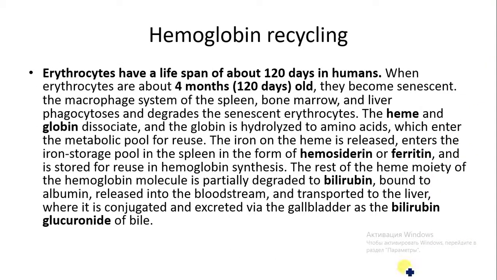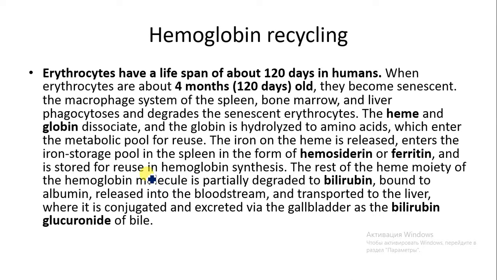So let's talk about hemoglobin recycling. You know that inside the erythrocytes we have hemoglobin, which also possesses iron, and how do we deal with it? The lifespan of an erythrocyte is 120 days. So we must produce a new cell every 120 days instead of a dead cell.